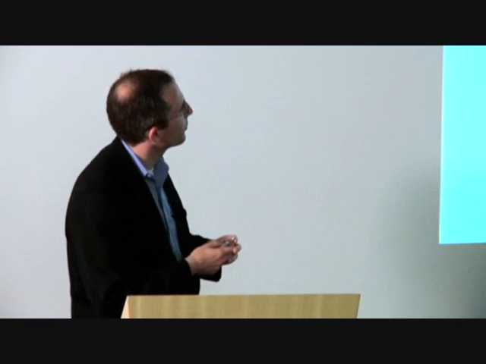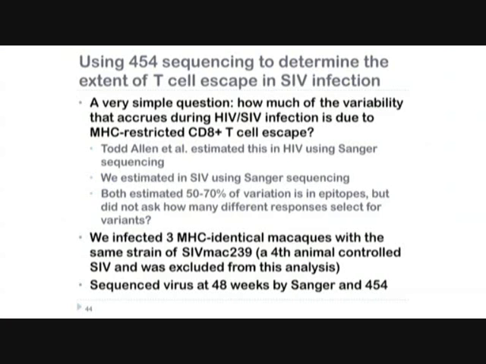And so we started with a very simple question. We know from work that's gone on over the last 15 years, many people in the audience here have been involved in this work, that T-cell selection and T-cell escape is a hallmark of HIV and SIV infection. Variability arises in the HIV genome due to T-cell escape.